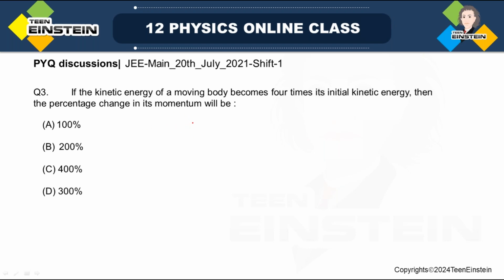So see, K2 is equal to 4K1. Then we get half m V2 square is equal to 4 into half m V1 square. The half m I can strike out from here.